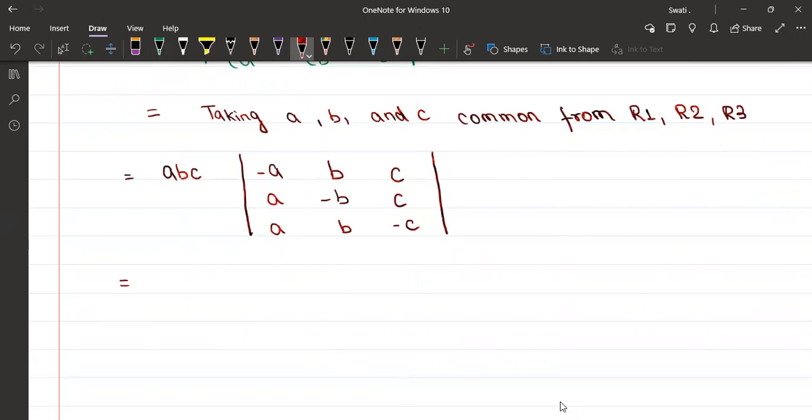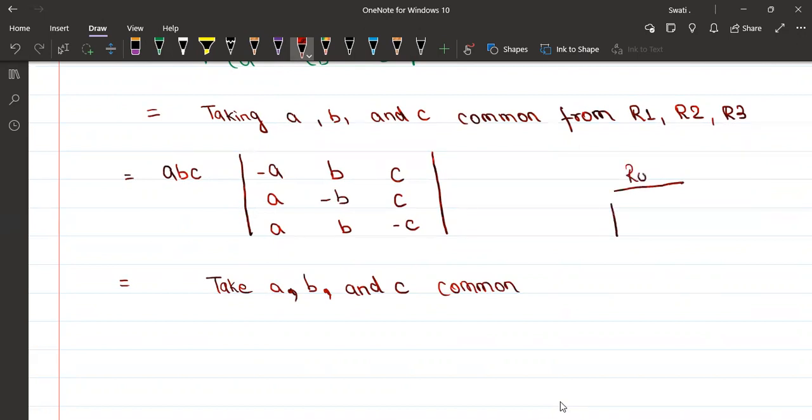Now I will take A, B, and C common again, but this time it is a little different from the previous one. Taking A, B, and C common from columns. Remember, this is called row and this is called column.